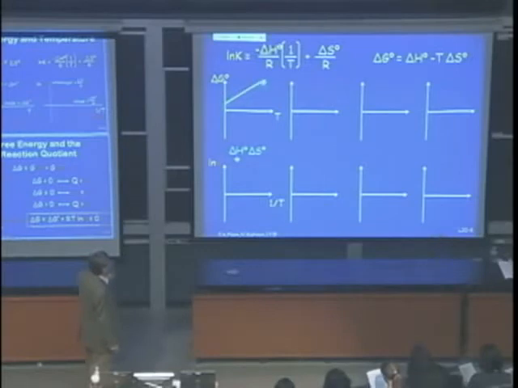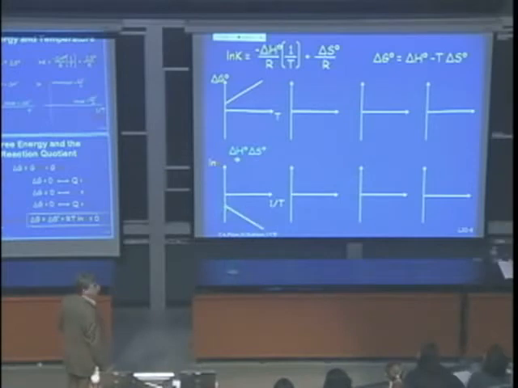Positive, right there, okay? And if we plot this as ln k, delta S would be negative, so it's got to start here somewhere. And what would be the slope? The slope would be negative? Yes, that's right. The slope is negative. All right, this would be this case.